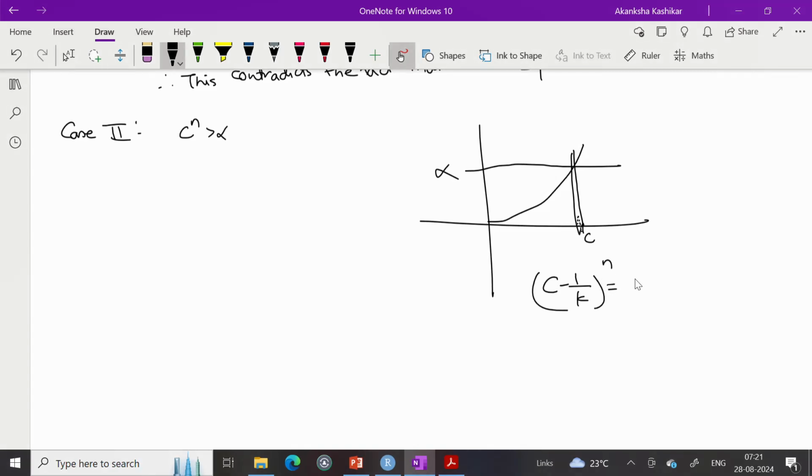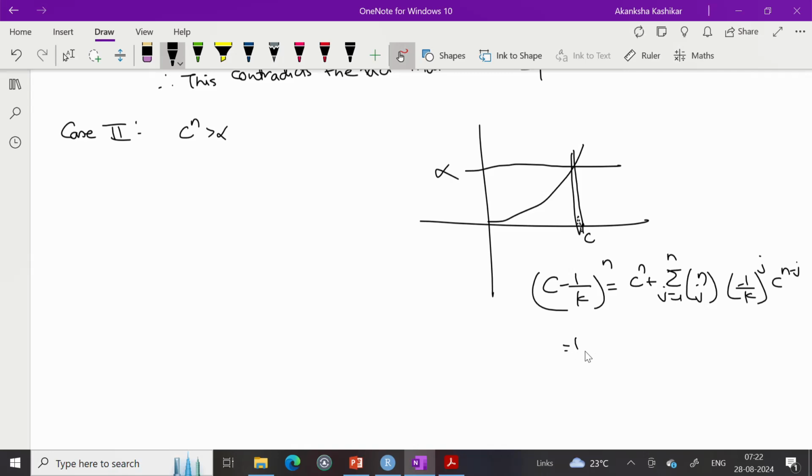C minus 1 by k raised to n will look like c raised to n plus sum over j going from 1 to n choose j, and minus 1 by k raised to j and c raised to n minus j. Again binomial expansion, nothing else. But now we have a minus sign here, so we need to be a bit careful.